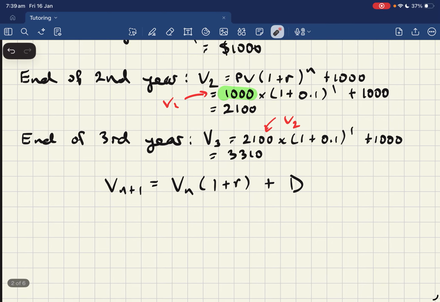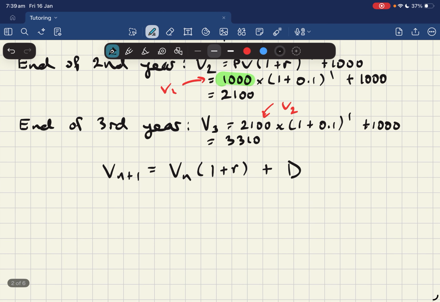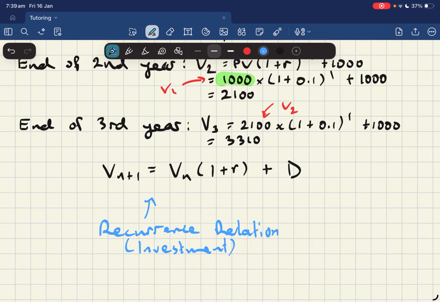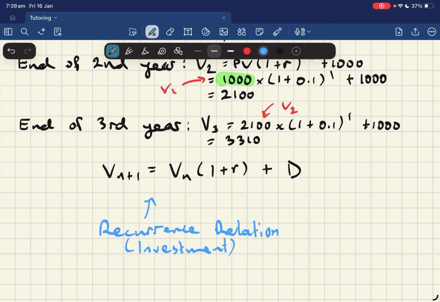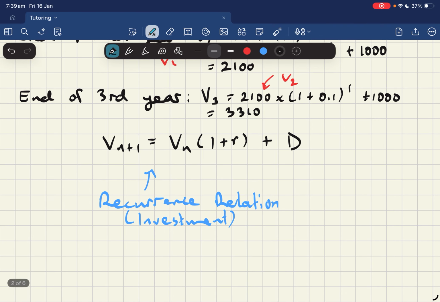So we essentially have here what we call the recurrence relation. Now, this is the recurrence relation for an investment. Because remember, there were two cases. When it was an investment, we were adding this. When it was a loan, we were subtracting this. But that same pattern goes for the loan as well.